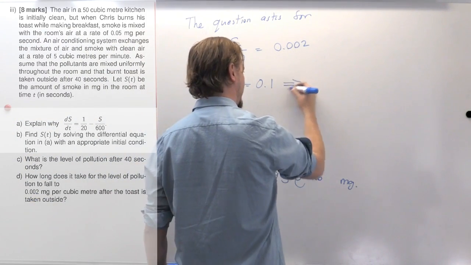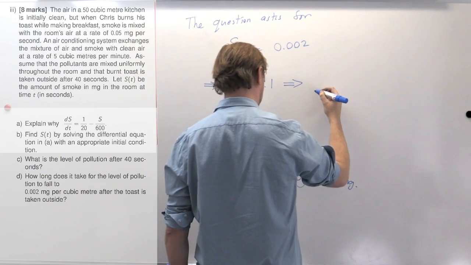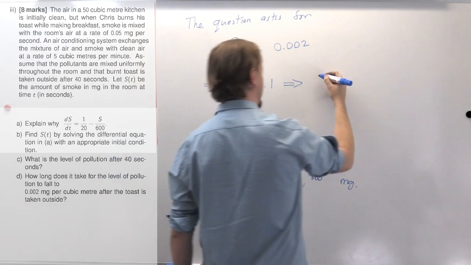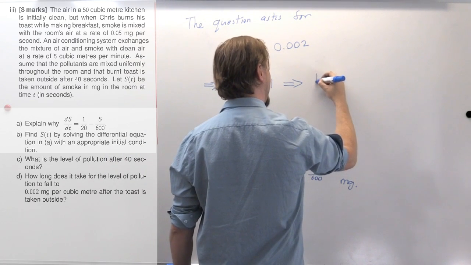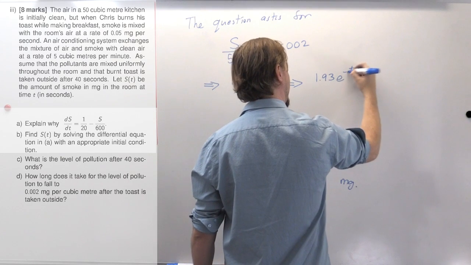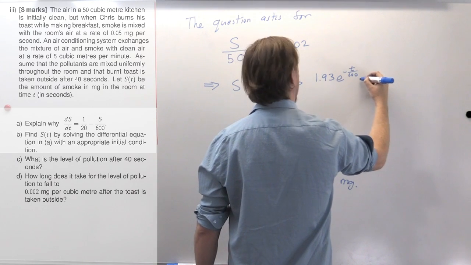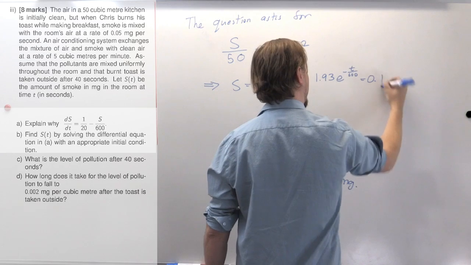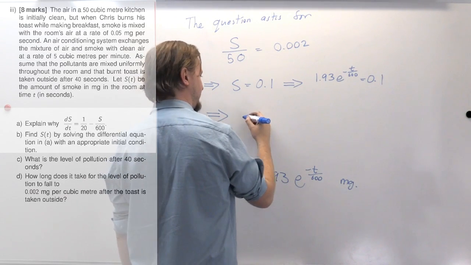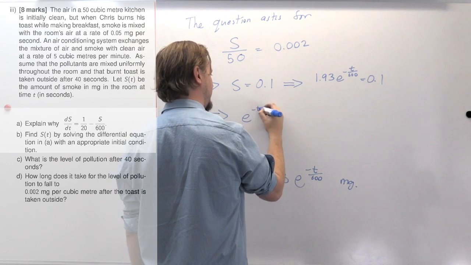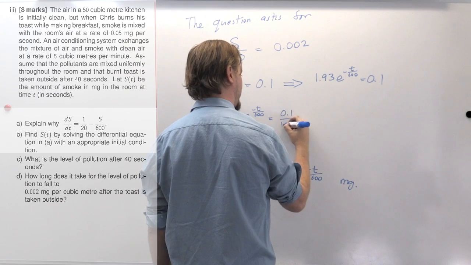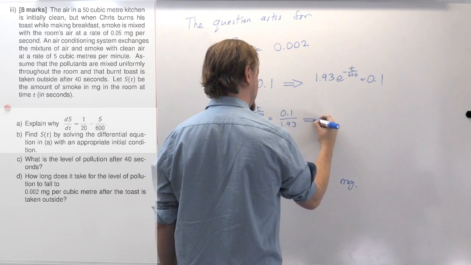And in terms of the model I solved for, if you didn't shift the clock like I did, this would be a little bit harder. I'm going to get 1.93 e to the minus t over 600 is equal to 0.1, from which it follows that e to the minus t over 600 is equal to 0.1 over 1.93.